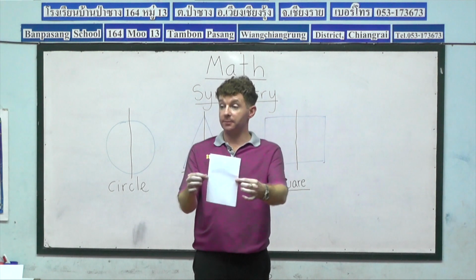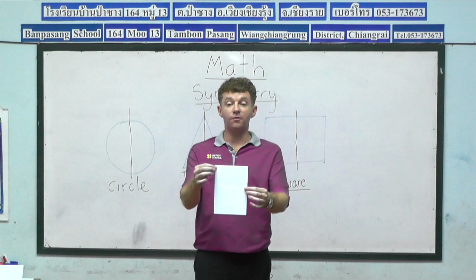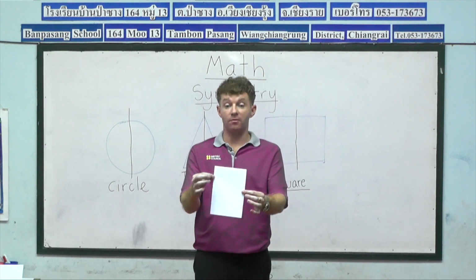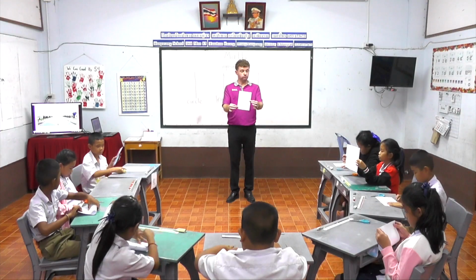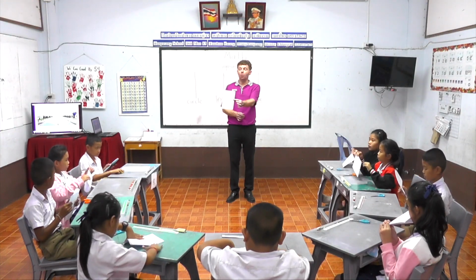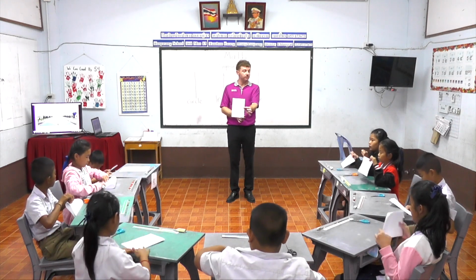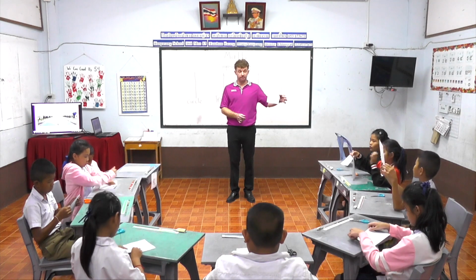Pat, you got your paper? We can fold our paper in half, like this. Don't open it yet, because we're only going to work on one side of the paper to show symmetry. Okay.